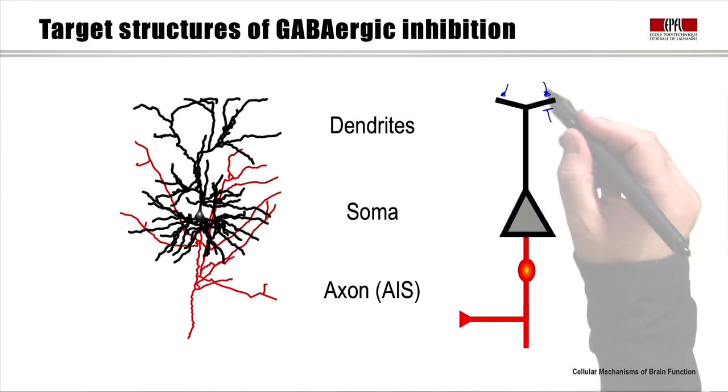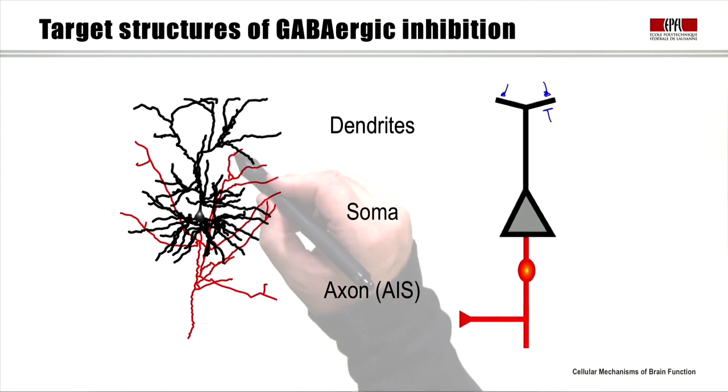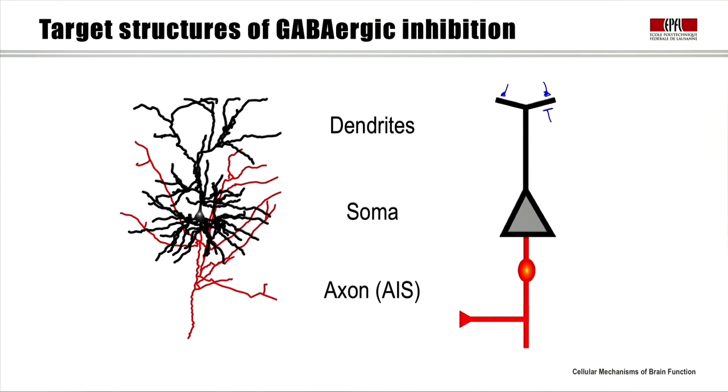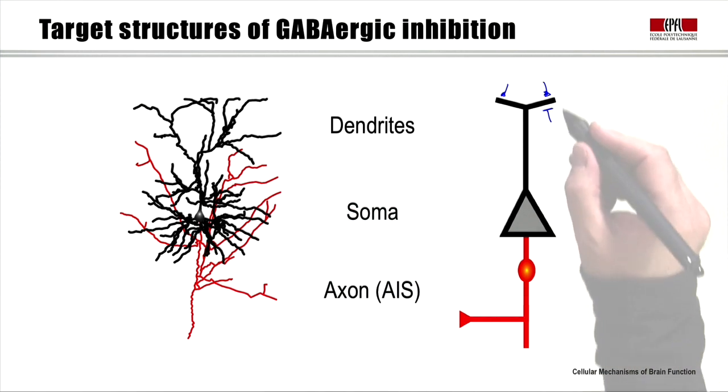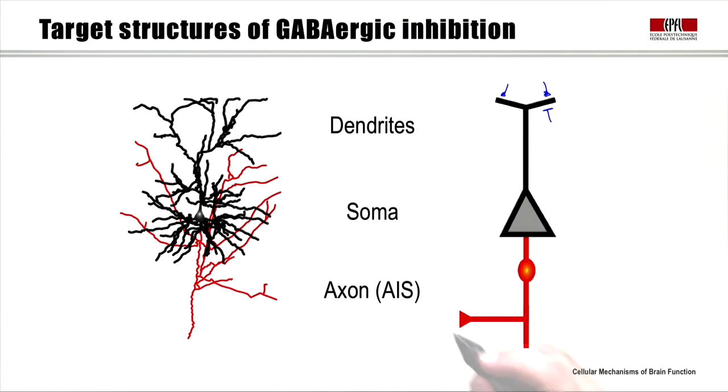There might be specific inhibition that's localized to individual dendritic arborizations. So there could be a high degree of spatial specificity as to where the GABAergic inhibition might function.